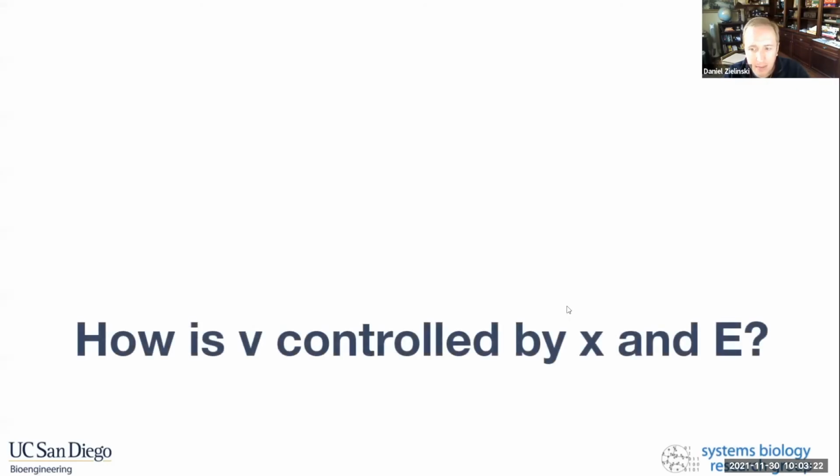So I'm covering a key paper that came out about 5 years ago, which is one of the first I've seen to look at in vivo kinetics from a theoretical perspective. The question they were looking at is, how is flux controlled by metabolite and enzyme concentration changes in vivo?